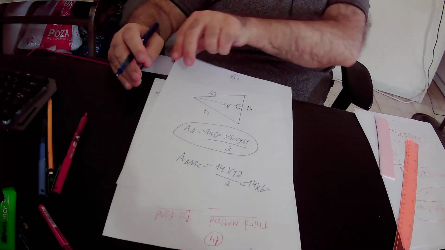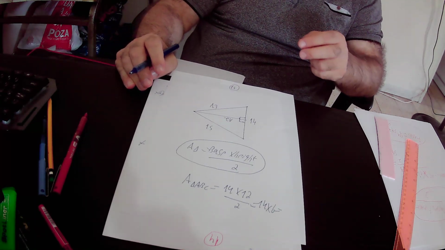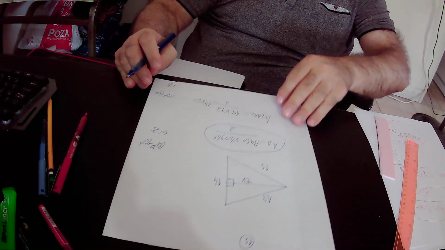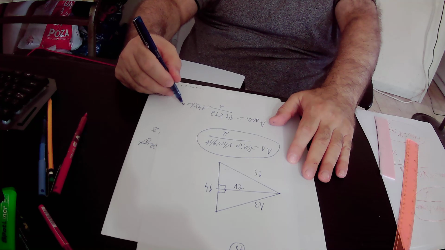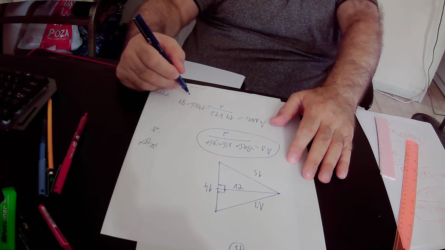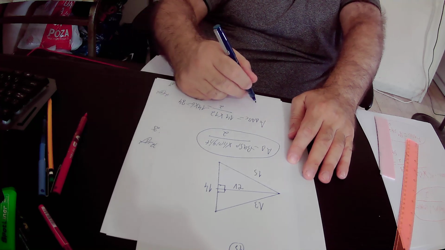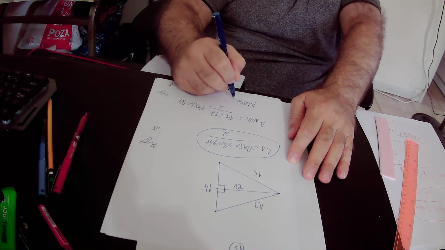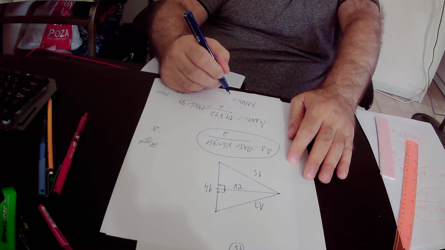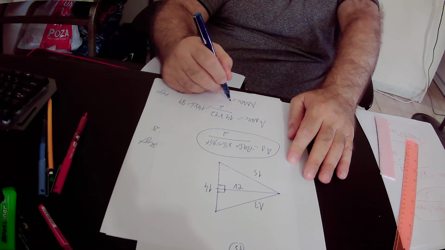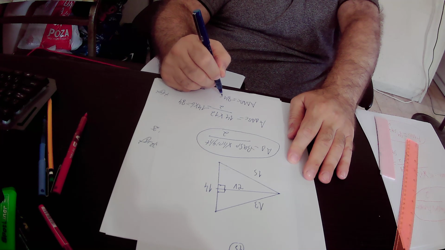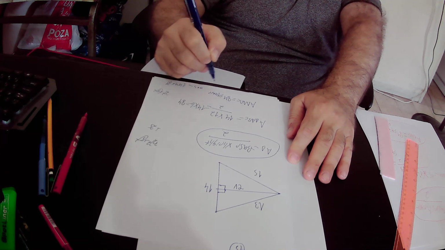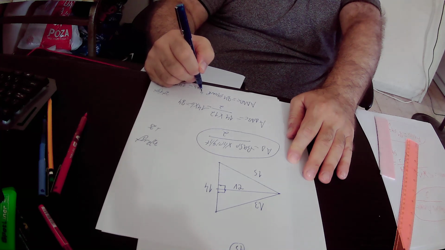So we got that the area of triangle ABC equals 14 times 6, which is 84 square units. So the area of triangle ABC, according to the third method, equals 84 square units.